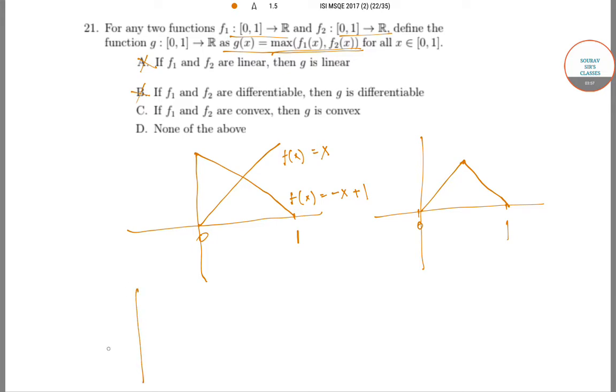So let us draw another graph of a function on [0, 1]. Let this be f1 and let this be f2. For these two functions f1 and f2, we know that f2 is concave and f1 is convex.